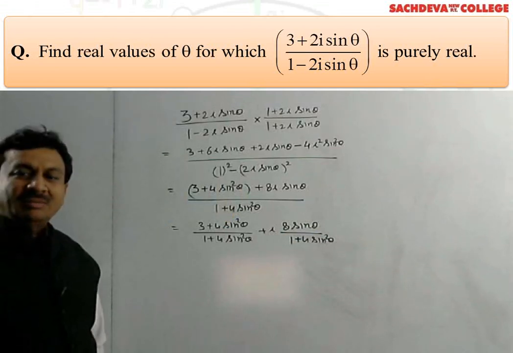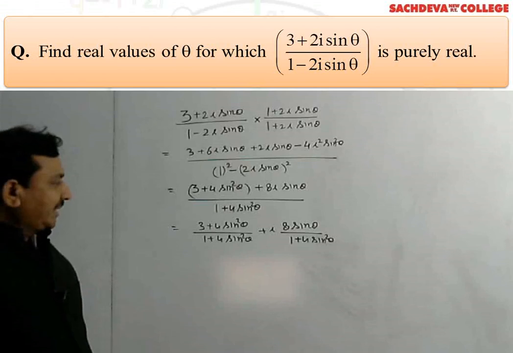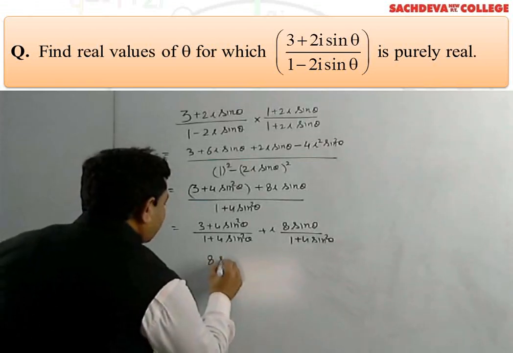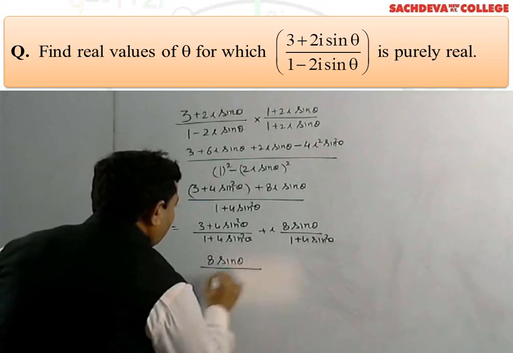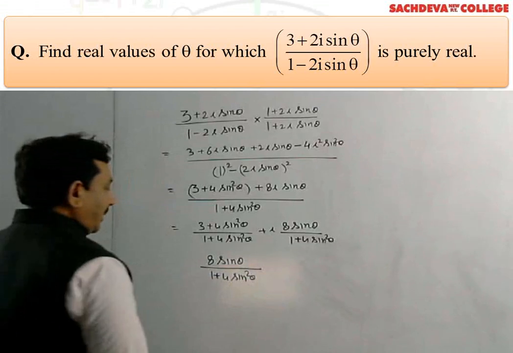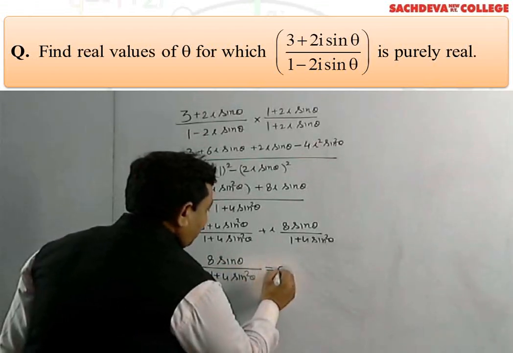Given that the number is purely real, the imaginary part will be 0.